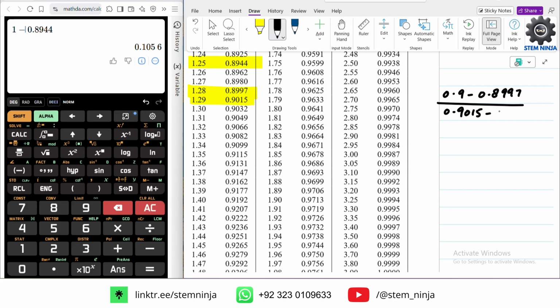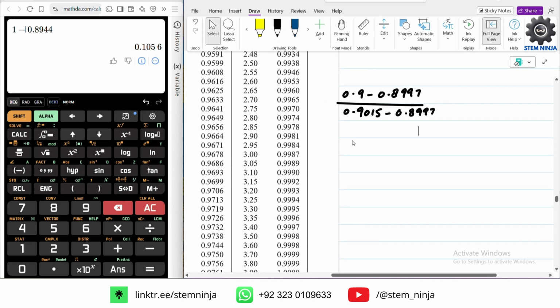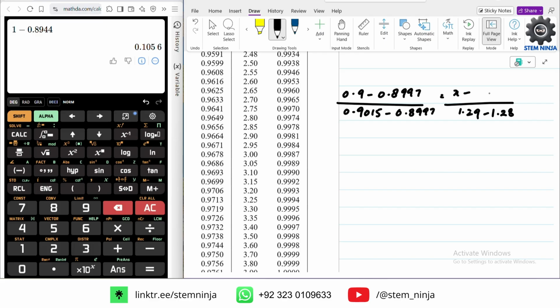Actually, this is not a linear function, but still we can approximate it with linear interpolation over here.